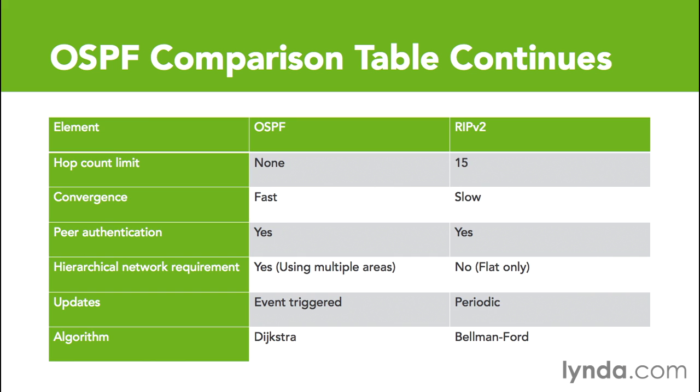Peer authentication, they both do it. Okay, so that's good. They have security when they're talking between each other. And there's a hierarchical network requirement, yes, for OSPF, but only when you use multiple areas, because OSPF is based on multiple areas. Again, this goes beyond the scope of this certification. Where RIP, no, RIP is just a flat routing protocol.